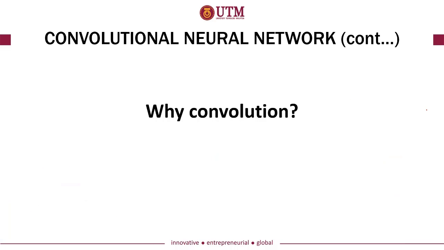So again, why are they selecting convolution to make the network, which is originally a deep neural network with many hidden layers that uses matrix multiplication? Why replace it with the convolution operation? What is the reason behind that?